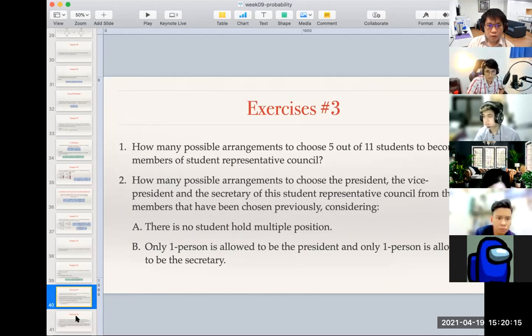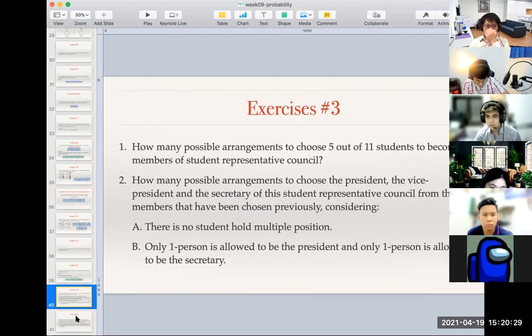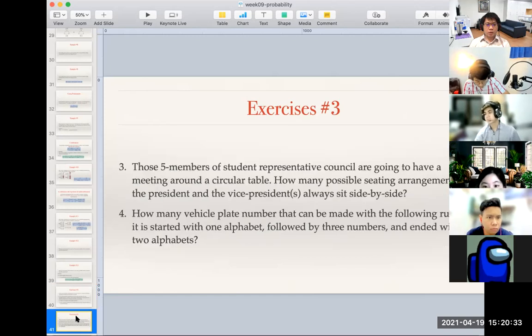So how about question number 2 and also number 4. Let's do questions number 2 and number 4.